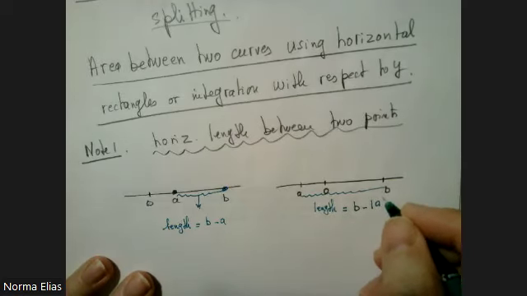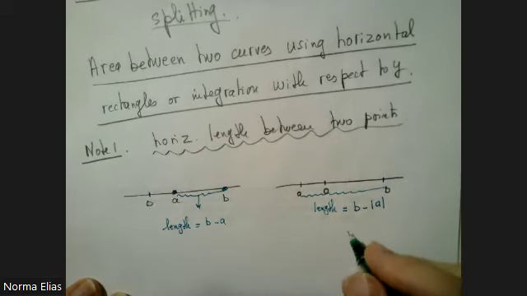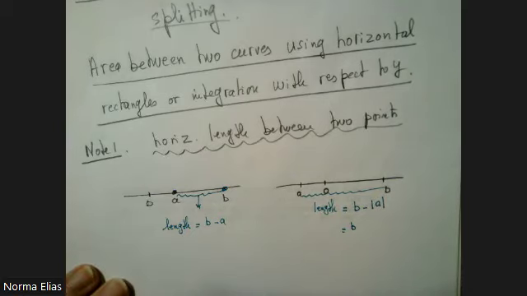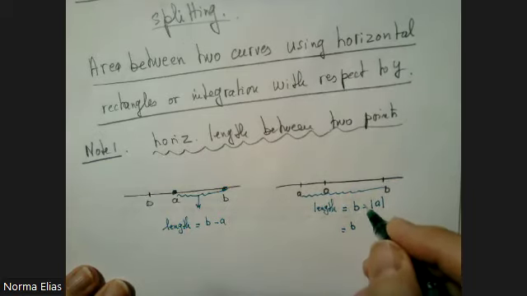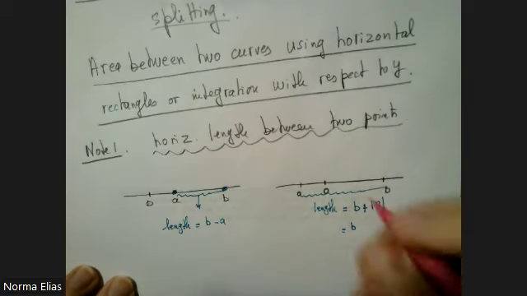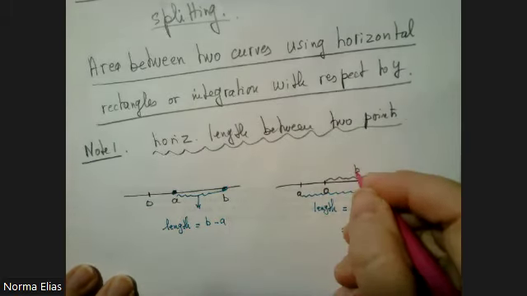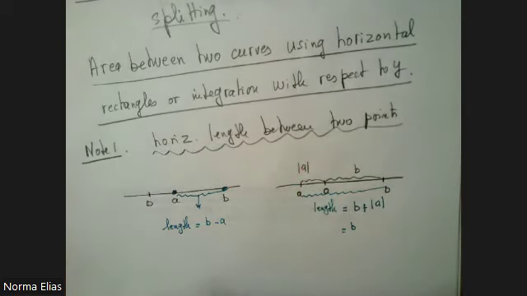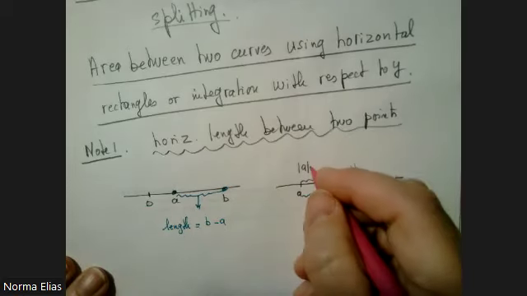No, sorry, this is not correct. My apology. It should be B plus the absolute value of A. So to make what Rocco said correct, it's B, this part, plus that part, which is the absolute value of A. But what's the absolute value of A?